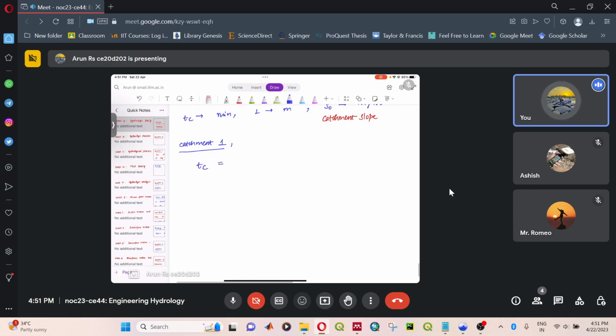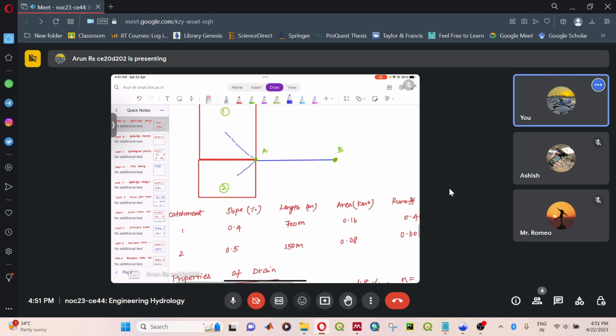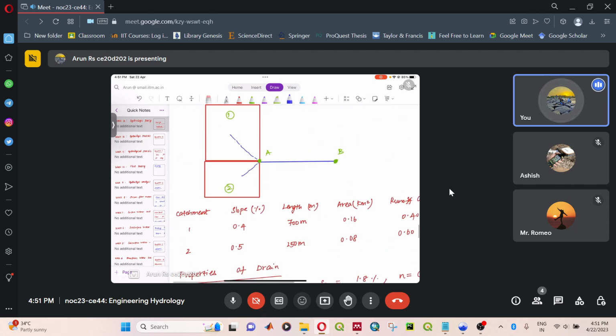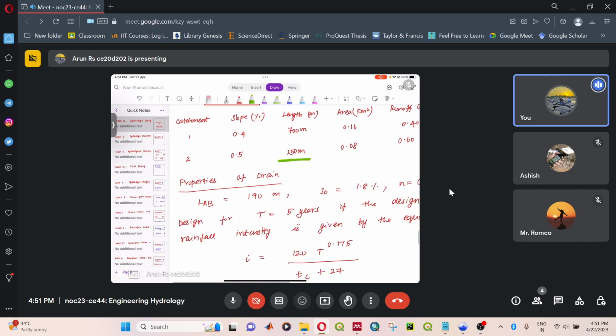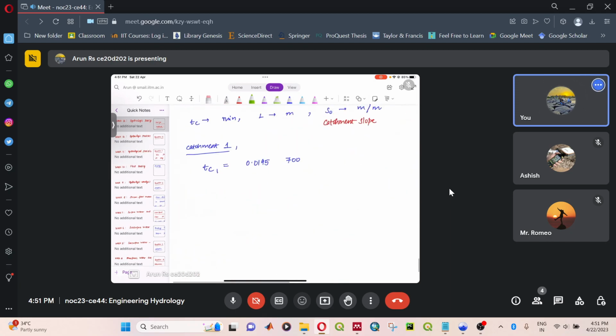So Tc, I will name it as Tc1, into the length of the first drain is the longest path. The longest path for the catchment is 700 meters, and the longest path for the catchment 2 is 250 meters.